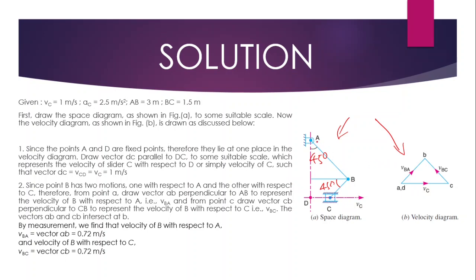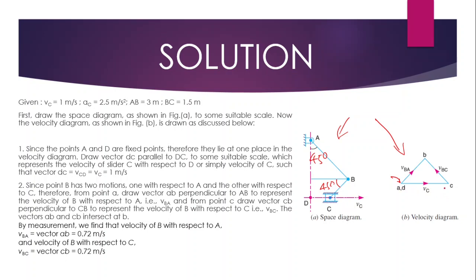Next step we have to draw the velocity diagram. Since the points A and D both are at rest, we can fix small letter a, d. Both are fixed, so those points will become a single point, represented by this particular point. Then we can draw the velocity of C with respect to D. That is given in the question as 1 meter per second. We can take any convenient scale to represent that VC.